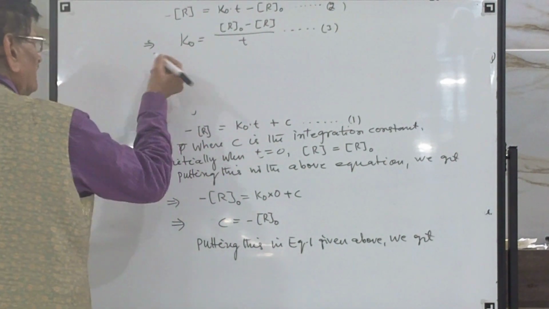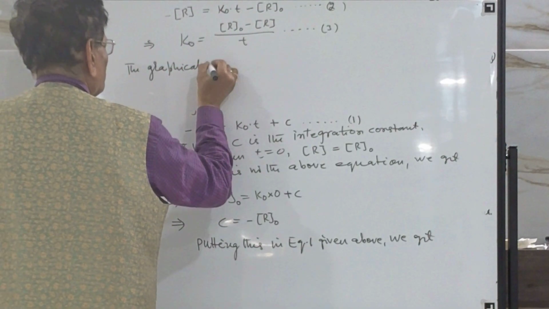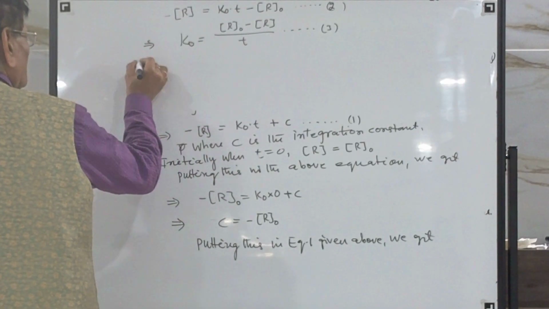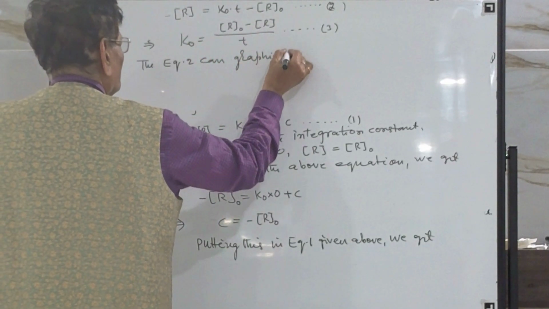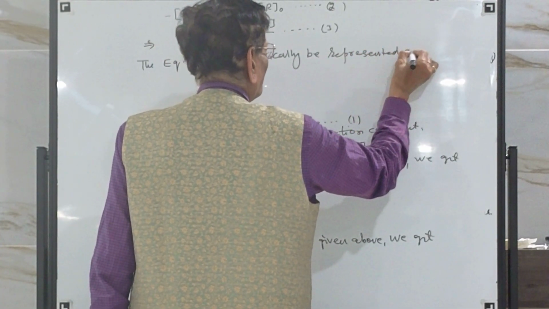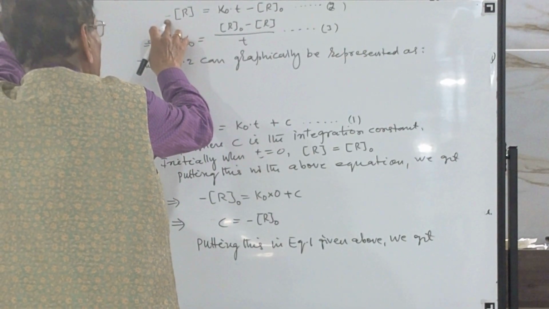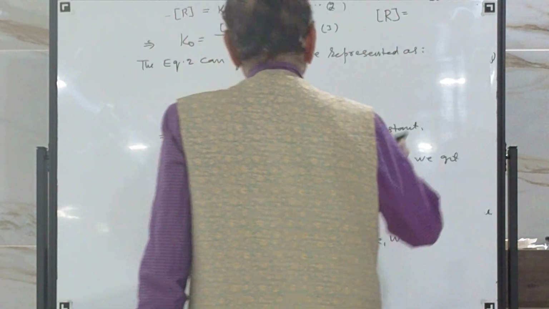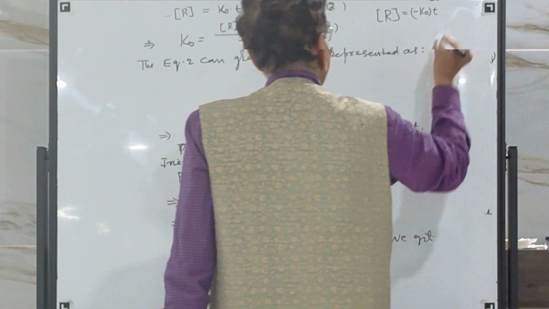Now, the graphical representation. Equation 2 can graphically be represented as a plot of R. If the sign is changed, this will be R equals minus K naught into T plus R naught.